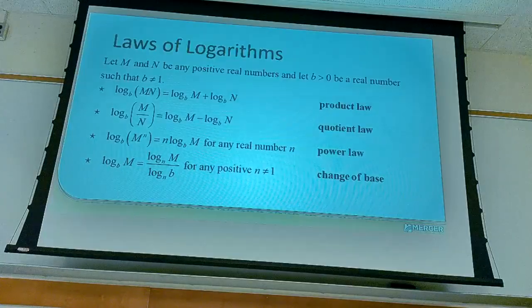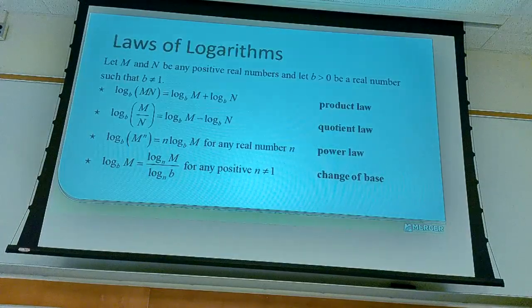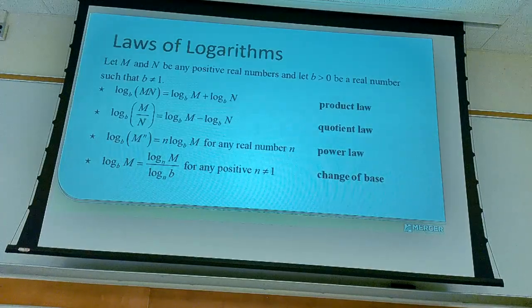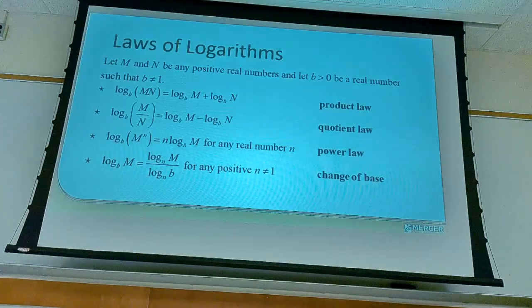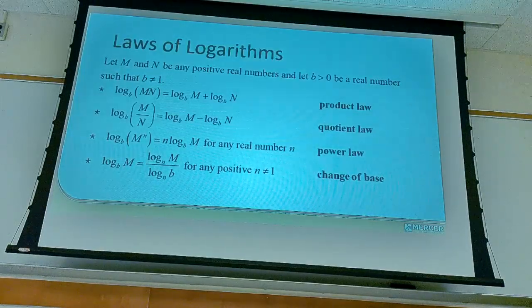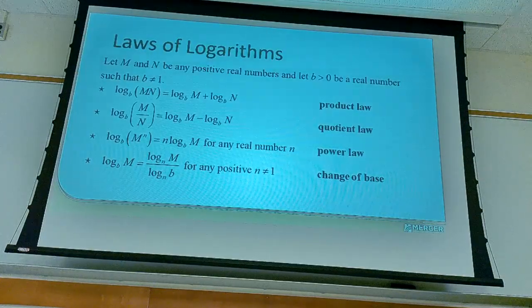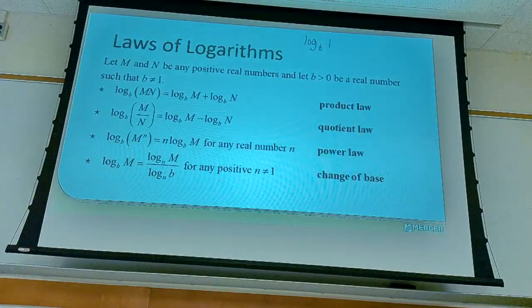Two other properties that are not listed here, so I'll just write them out. They're not really important enough to be considered a law. And these may have even been examined a little bit last time. The first one: log of 1 is always 0.